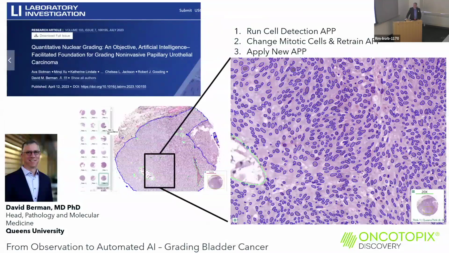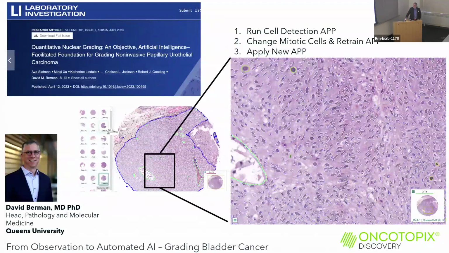And so what we will do is we will just tell it, okay, these are the mitotic cells, learn that those are the mitotic cells, and it's a simple click to change that. And once it's learned, then let's apply it and make sure that it's able to find those mitotic cells on itself and on examples that it hasn't seen, and we iteratively give it more and more information so that it's able to find the different types of objects that we want it to find.